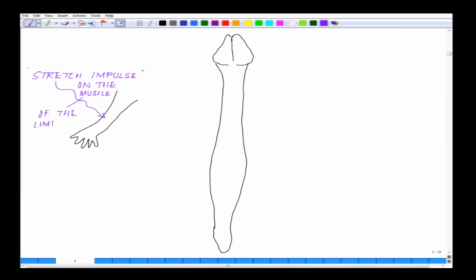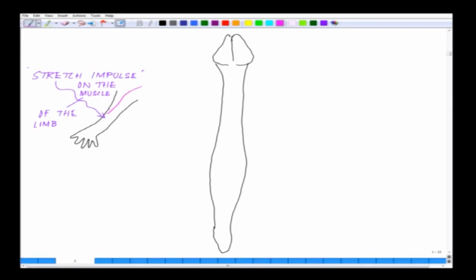Since I am trying to draw a limb, it is on the limb. These stretch impulses are being carried by a set of neurons called sensory neurons. Let us represent the sensory neurons by, say, a pink color. Okay. So, this is their end.